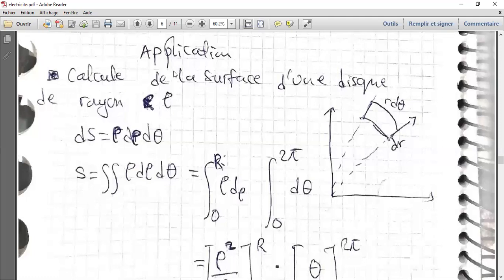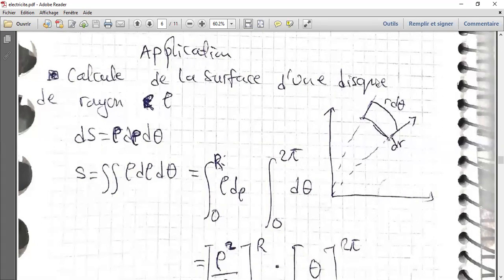If they tell you to calculate the surface of a disk, first of all, you have to see what they are talking about. The keyword here is a disk. When you hear that, you should know that here I have to use the formula of coordonnées polaires. So how do you calculate the surface area?